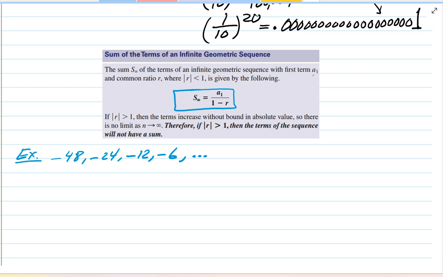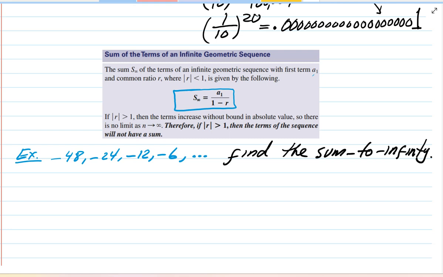And suppose we want to find the sum to infinity. That's what we want to do.